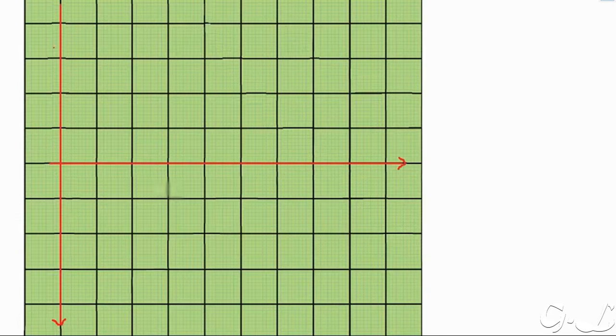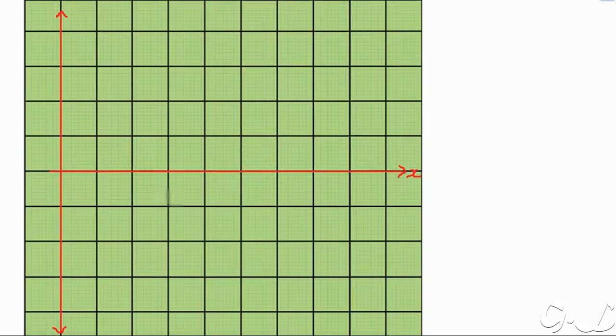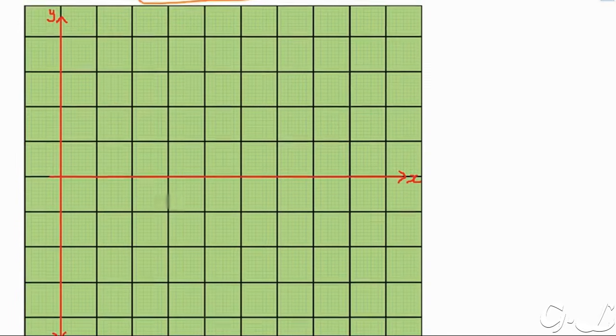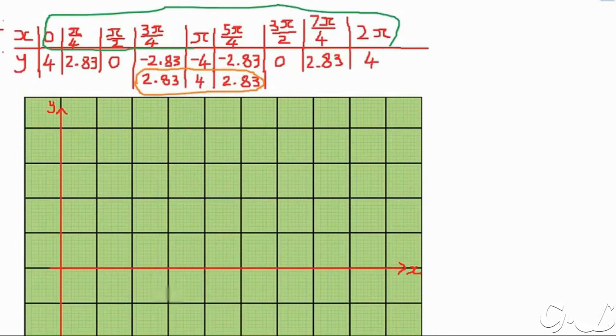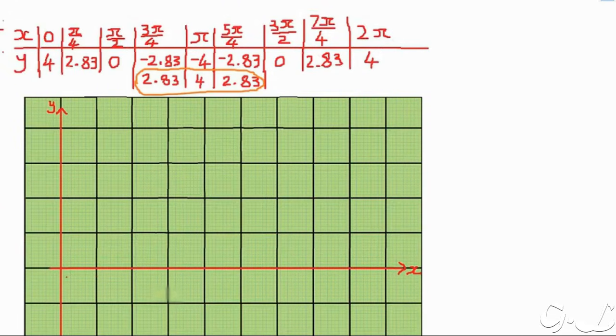So we have to draw the y-axis and then the x-axis. That is the y and that is the x. Now let's write those x coordinates.